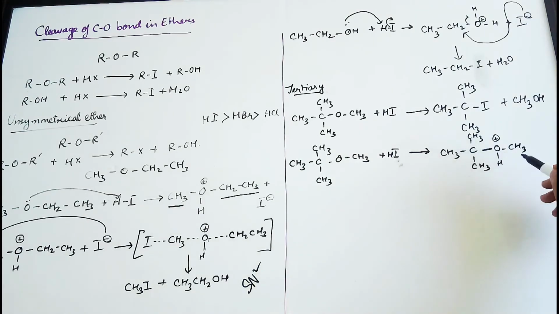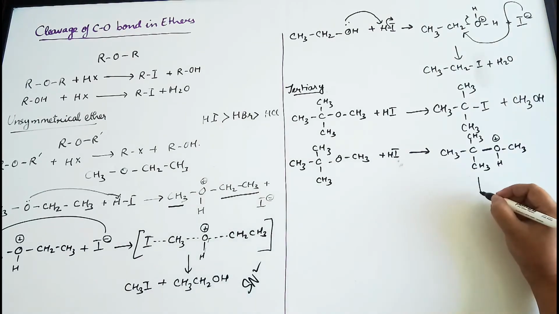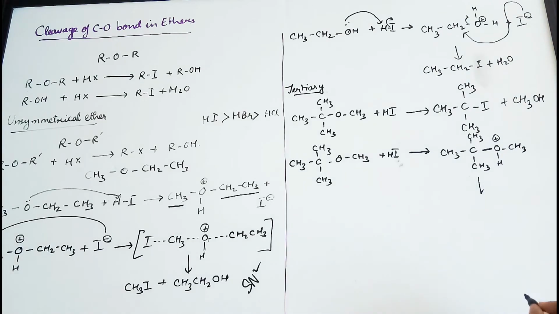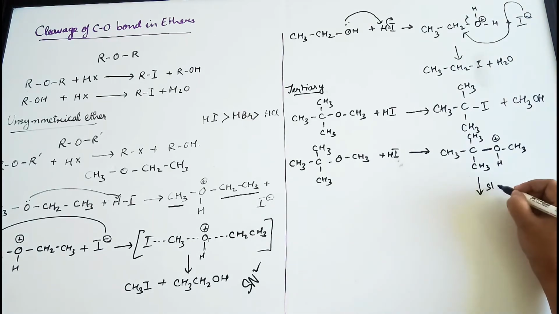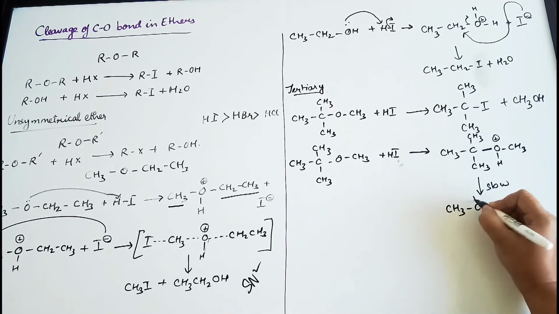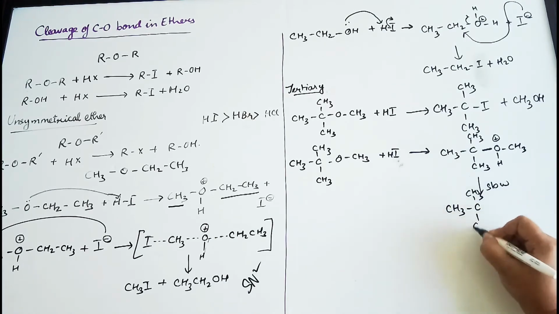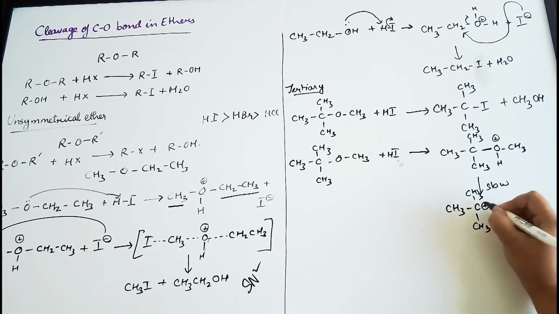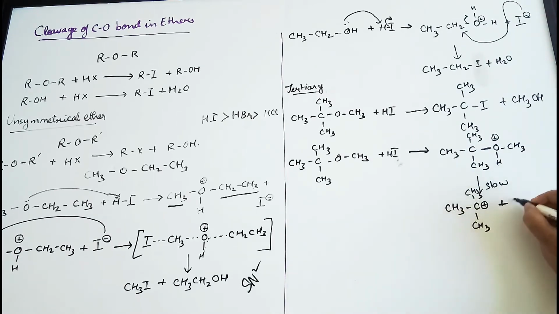So this CH3OH is getting kicked out, and this leads to the formation of a tertiary carbocation, and this is a slow step. So you get CH3, CH3, and this carbon atom has a positive charge, plus CH3OH.